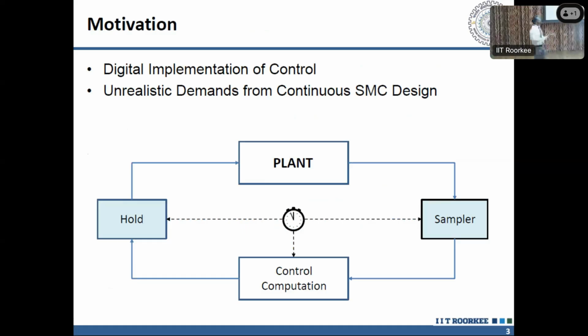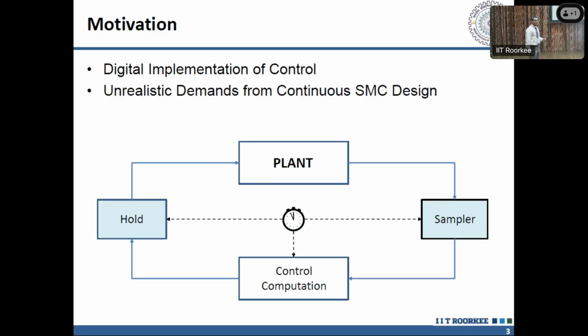We cannot really apply that sort of actuation that is demanded, that high frequency, infinite frequency switching in theoretical sliding mode control. That cannot be applied. So that is an unrealistic demand.